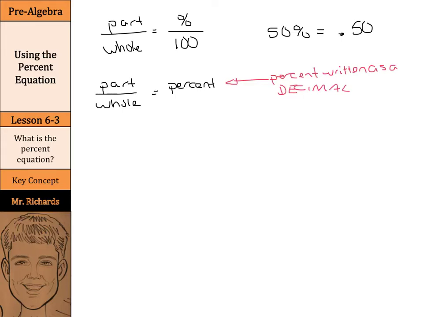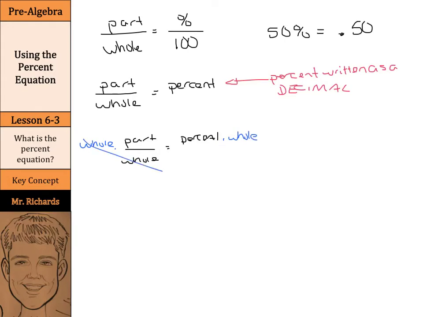Now, what if I want to solve and get rid of this fraction? Let's multiply each side by the whole. So if we once again have our part over whole equals percent, we multiply both sides by the whole. And a neat thing happens.